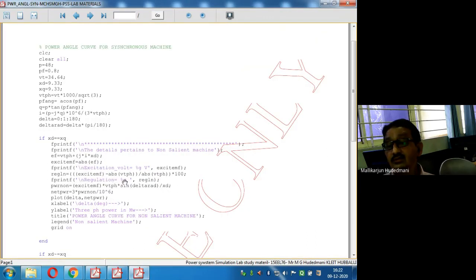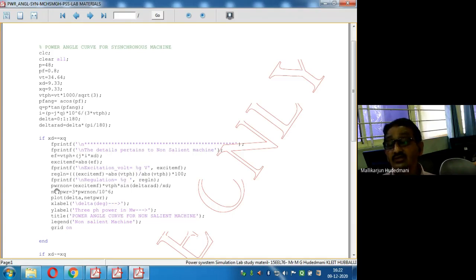You can see here, Excite EMF minus VT divided by VT. Then display the answer, fprintf on a fresh line, code backslash n, regulation equal to compact format, percentage g, REGLN, placed in this position. That's the answer for regulation.